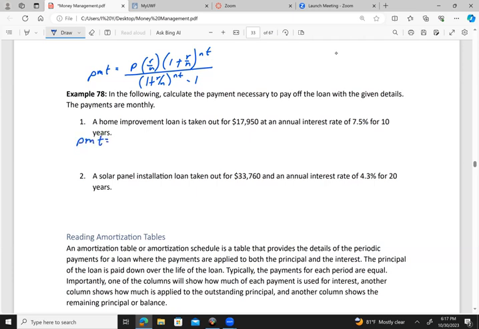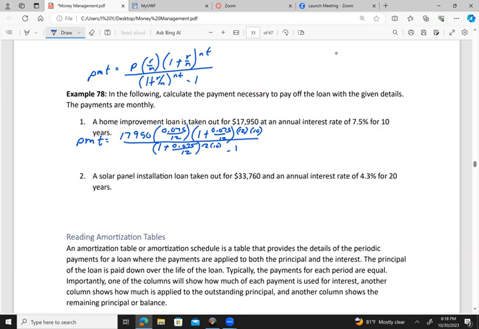Payment equals 17,950 times 0.075 over 12 times 1 plus 0.075 over 12 to the N, which is 12, times T, which is 10, all over 1 plus 0.075 over 12 to the 12 times 10 minus 1.